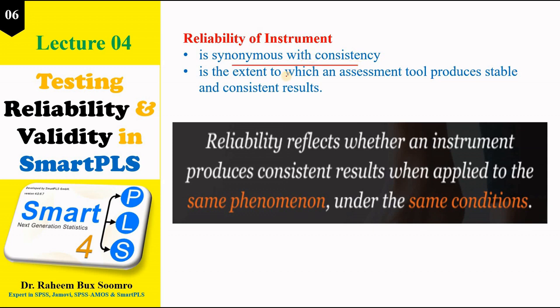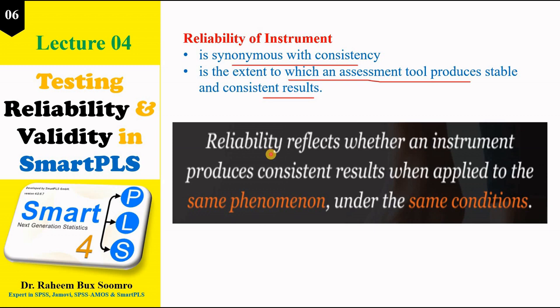Another thing is the extent to which the assessment tool produces stable and consistent results. So we have to assess the consistency of the tool, meaning the survey instrument, and also check the consistency of the response, whether the respondent has remained consistent in replying to all the answers.